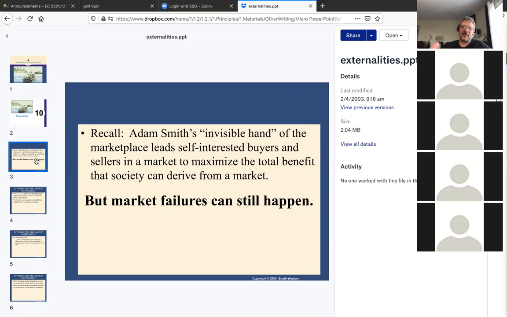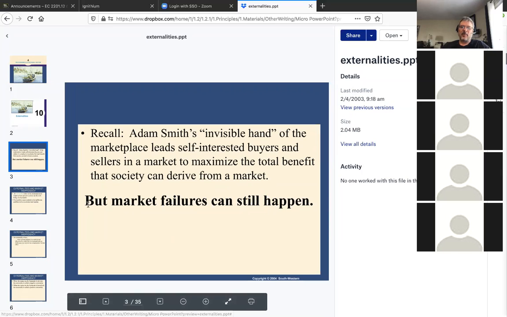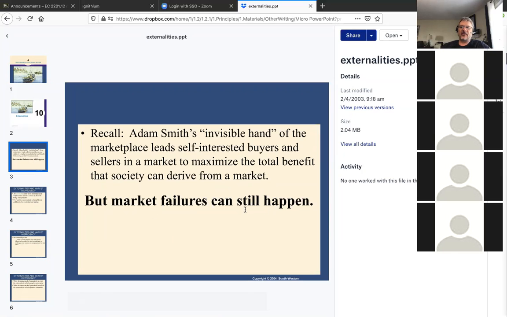So he's saying it's like the hand of God coordinates economic activity. But market failures can still happen, and when we talk about market failures, what we mean is the market fails to be efficient. Because remember, that's really our measure. Is the market efficient or is it inefficient?